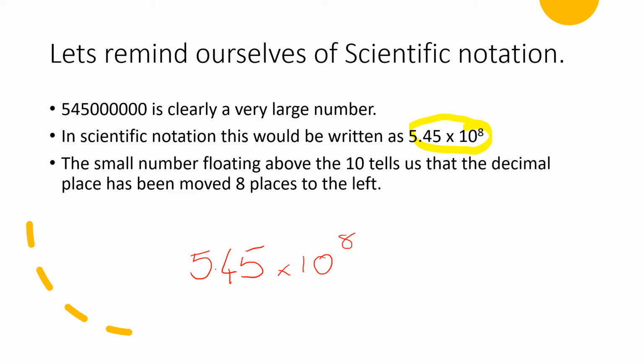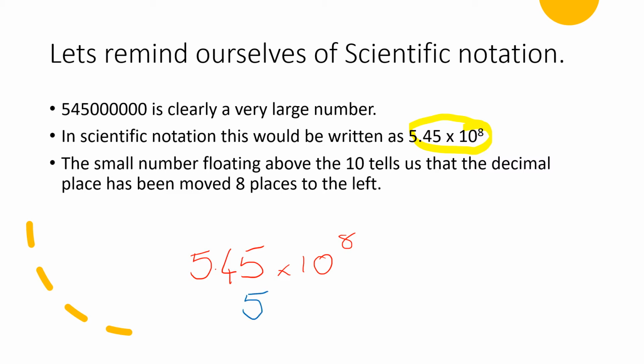Now, as you can see, apologies for my terrible handwriting, this little value here, the power, in computing we refer to that as the exponent. What that tells us is the decimal place has moved 8 positions. So I'll write it out again in a different colour so we can see the extended value.